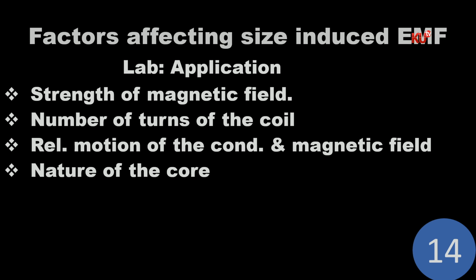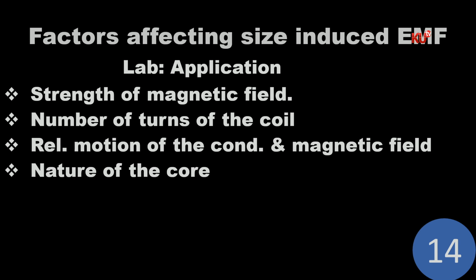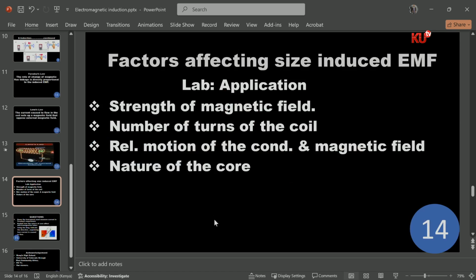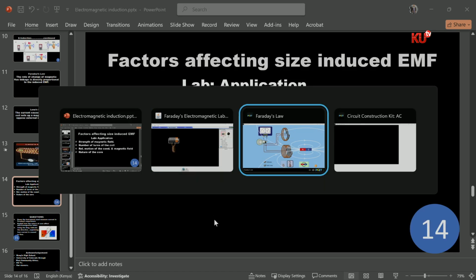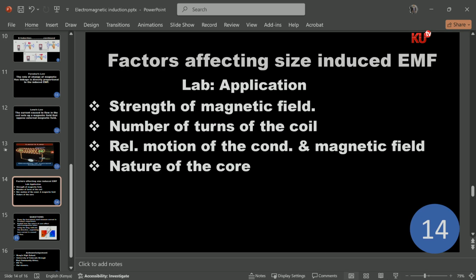All right, so we are discussing the strength of a magnet and its effect on the induced EMF. We have also discussed the number of turns in the coil and how they affect the size of induced EMF. Now, sometimes we have a soft magnetic material placed inside the coil. Now, this material has an effect.